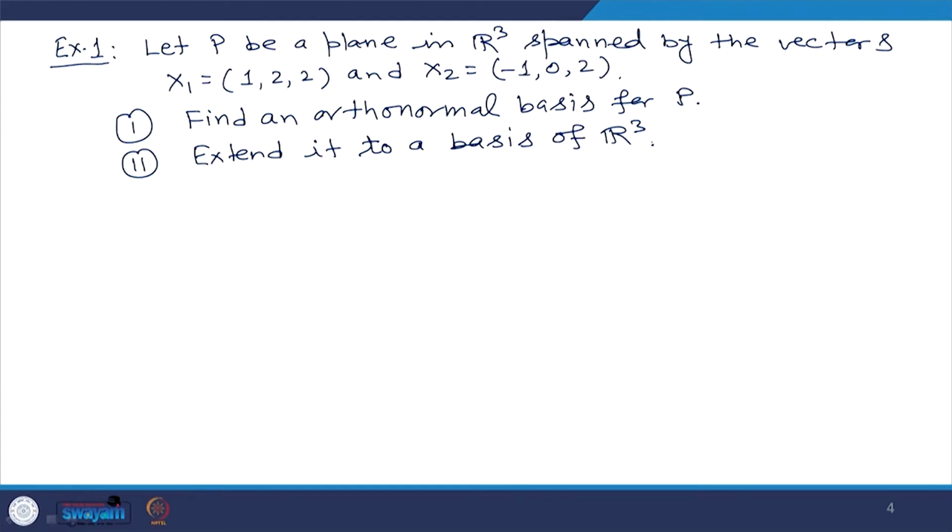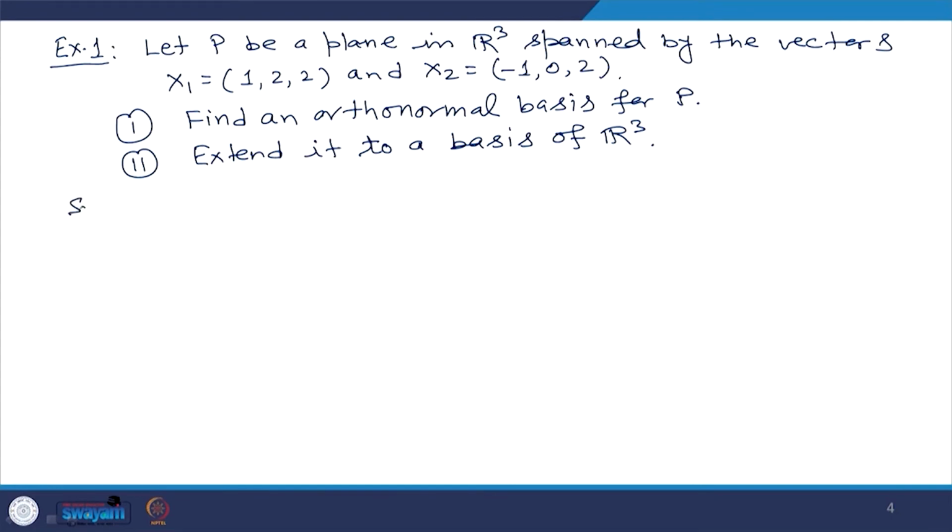We can solve this problem in two ways. One, first we find an orthonormal basis for P using the Gram-Schmidt process on x1 and x2, and then we take a vector orthonormal to W1 and W2, which come after applying the Gram-Schmidt process, and then it will become a basis of R3. Or you first take a vector linearly independent of x1 and x2, let us say x3, and then apply the Gram-Schmidt process.